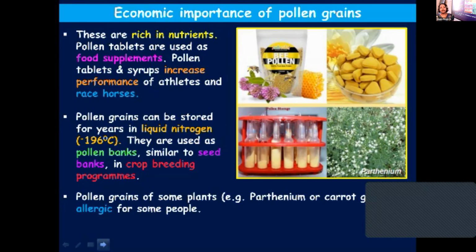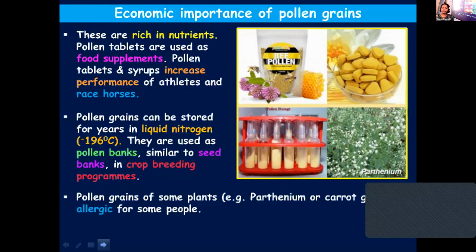Some people are allergic, and the allergic reaction differs from person to person. Some might be allergic to some food items, some might be allergic to dust, some might be allergic to certain insects, and some might be allergic to pollen grains. It depends. And different types of pollen grains can even cause allergic reaction. One such example is that of Parthenium or carrot grass plant.